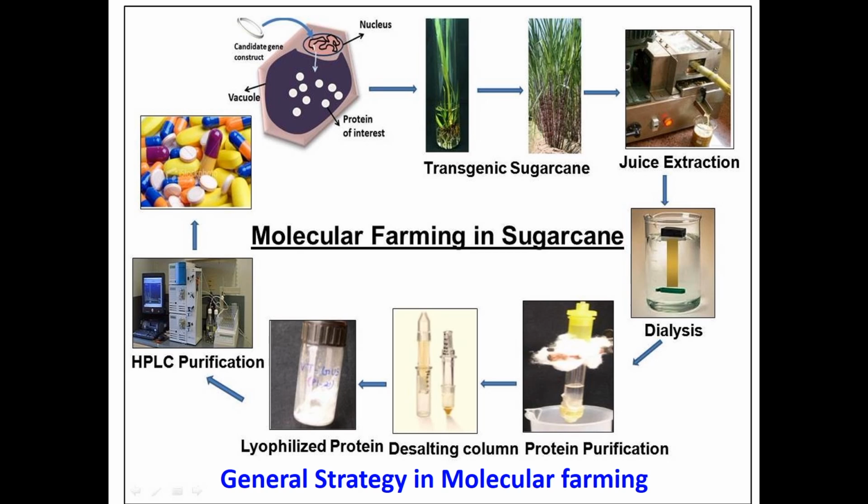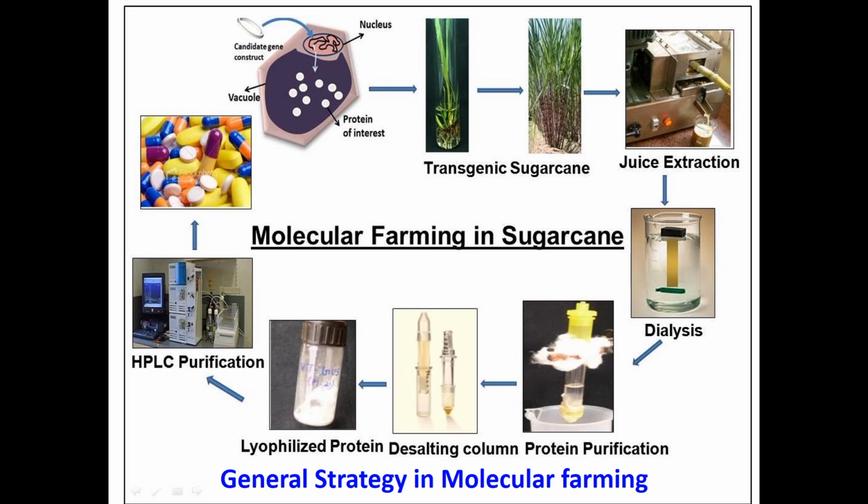Subsequently this juice is processed using different methods. After dialysis we separate the sugar from the protein, and then the protein is handled in a different way. It is purified through a desalting column, then crystallized using a lyophilizer, then further purified by HPLC purification. Then it is packed into tablet form or different cubes or whatever form is acceptable in the market.